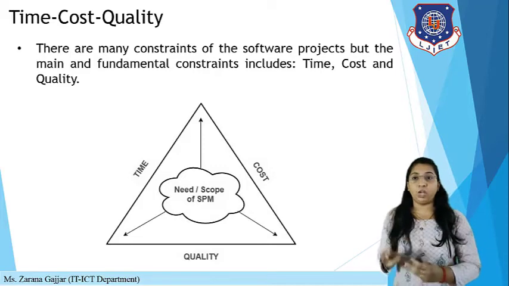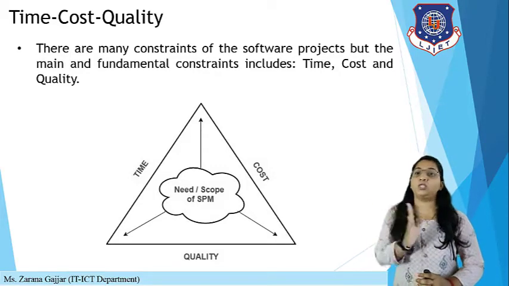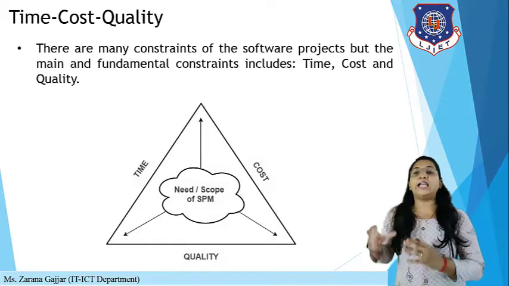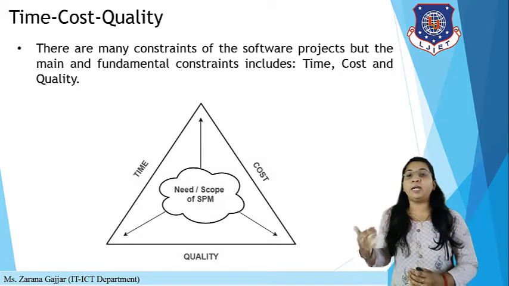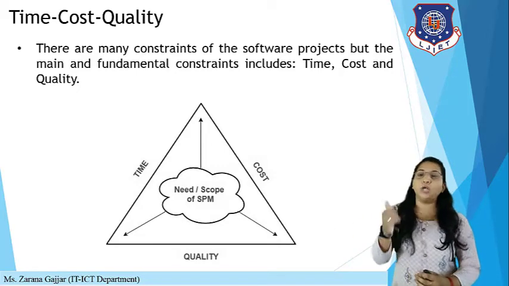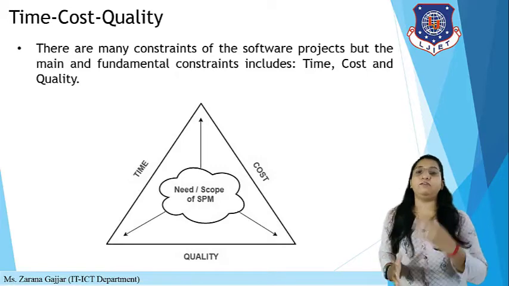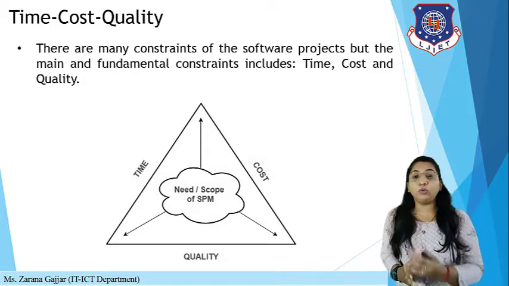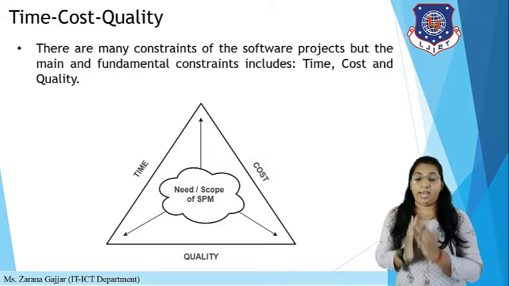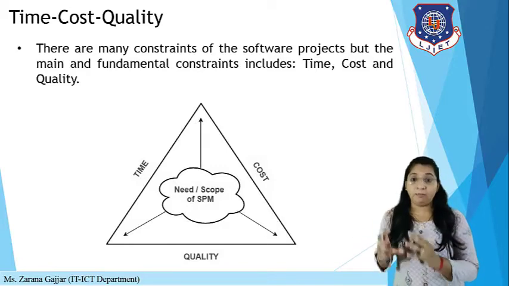Now the three main words included in software project management are time, cost and quality. There are many constraints on software projects, but the main and fundamental constraints are time, cost and quality. For example, if someone gives you a definition to develop software, you aim to complete your project within the given time and within budget.